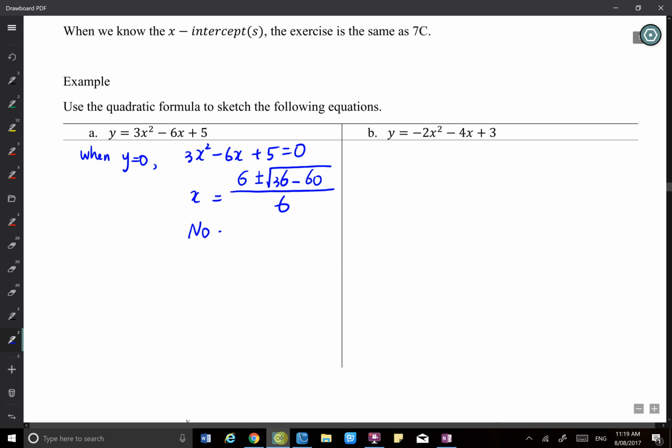And we find that there's no solution because that is less than 0. In this case, a equals 3, b equals negative 6, and c equals 5.